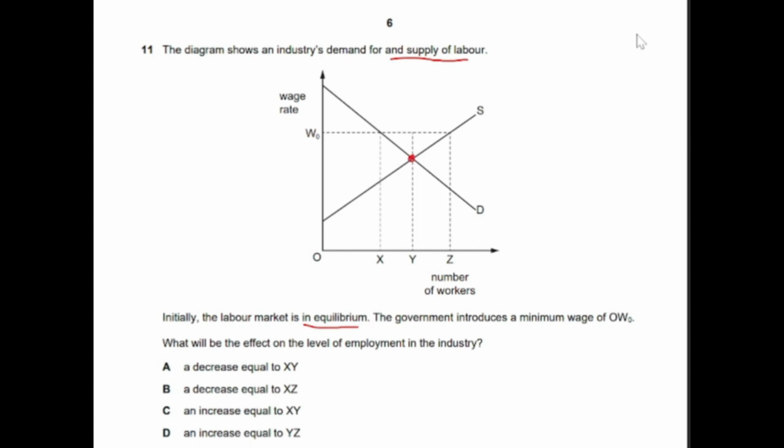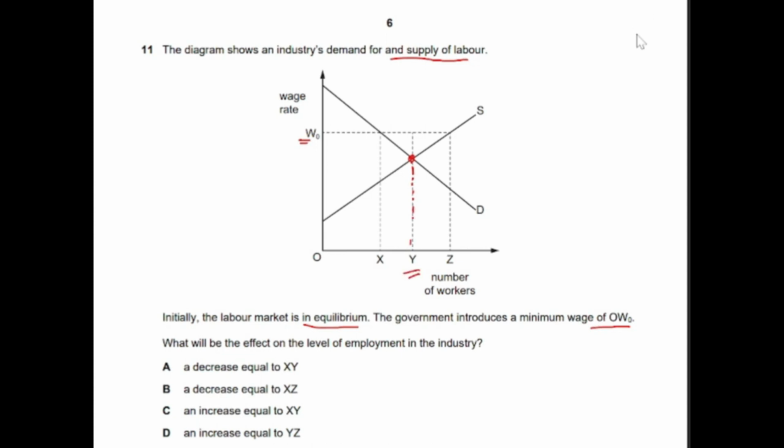The government introduces minimum wage OW naught. So this is OW naught, minimum wage. Minimum wage is above equilibrium. What will be the effect on the level of employment in the industry, right? So at equilibrium point you can see employment was this much, number of workers employed, Y.